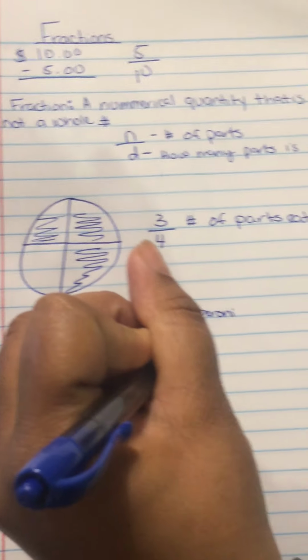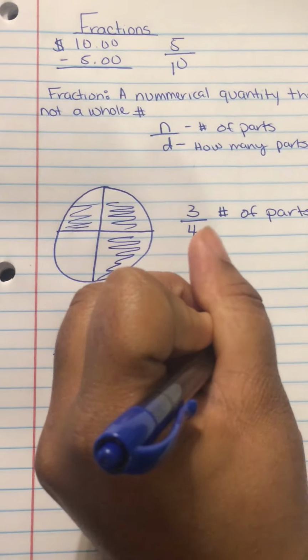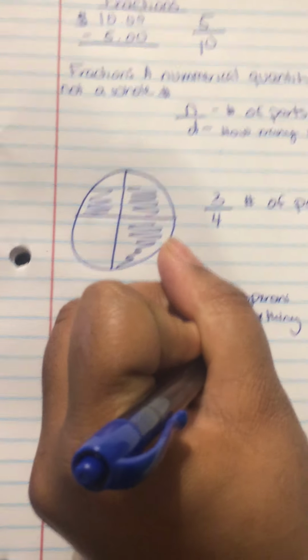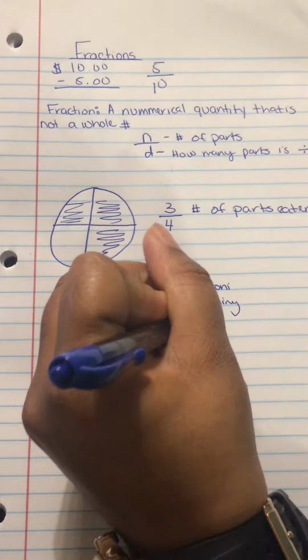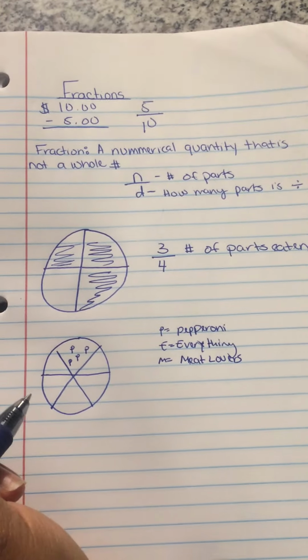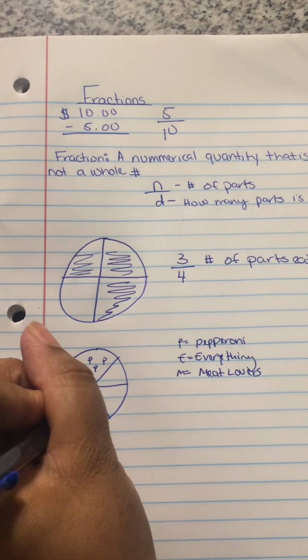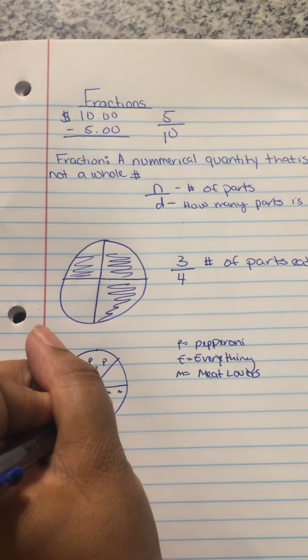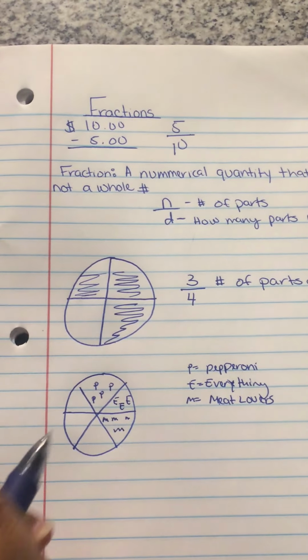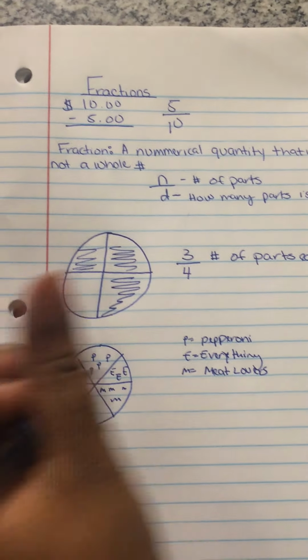One of them said they like meat lovers, so I'm going to write ML for meat lovers. And I'm putting a key on the side just so you could keep up with what I'm saying, as well as how the pizza is labeled. And we're going to leave the rest of the 6 pieces cheese.